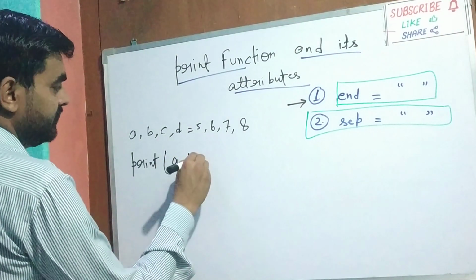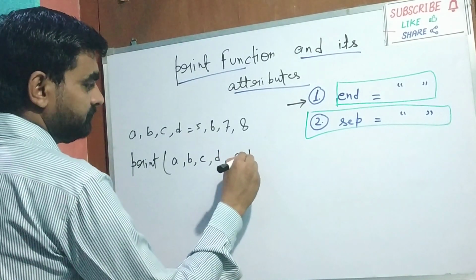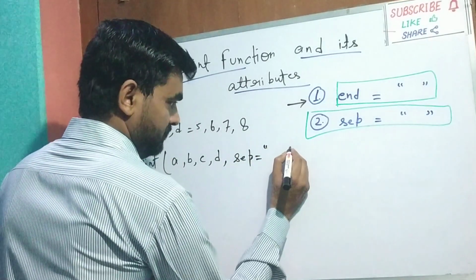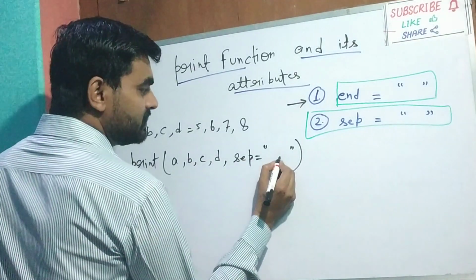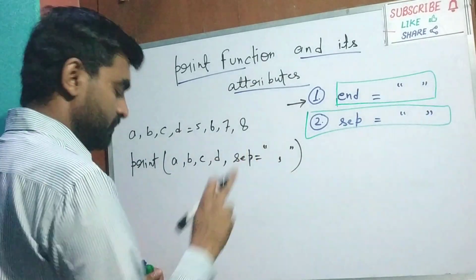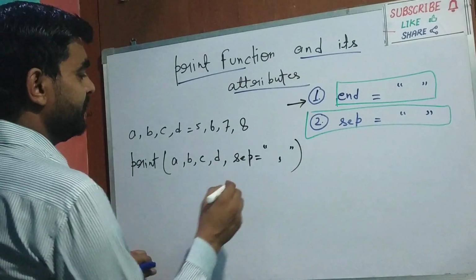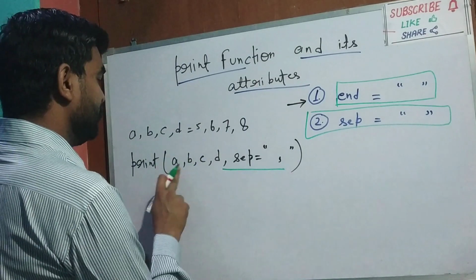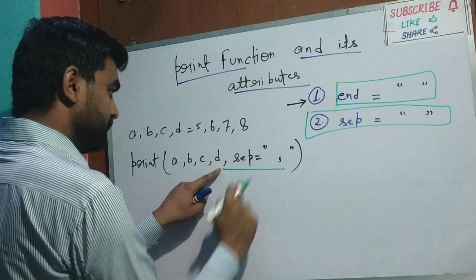The next line is print A, B, C, D, comma, sep equal in the double quote marks, close, and a normal symbol, which is a comma. This comma is inside the double quote marks. So students, suppose you have written only this part, A, comma, B, comma, C, comma, D, and then the bracket is closed.